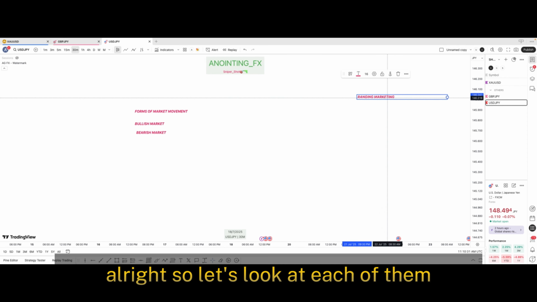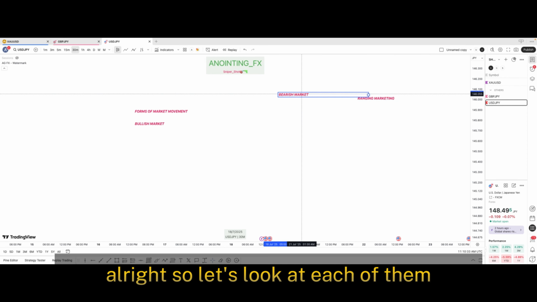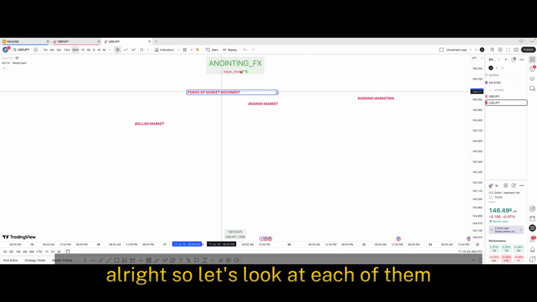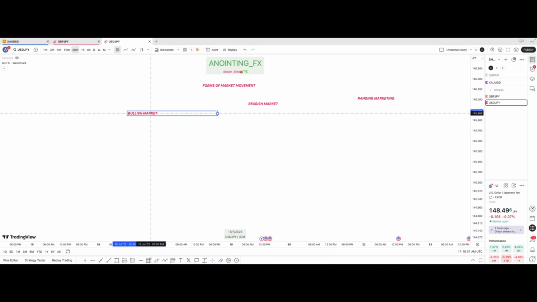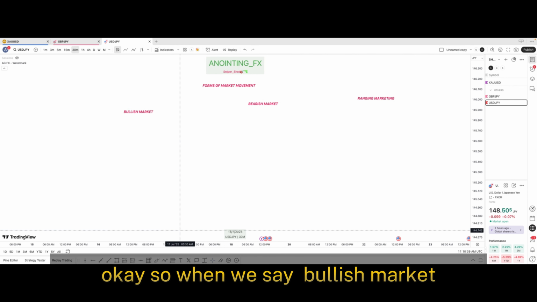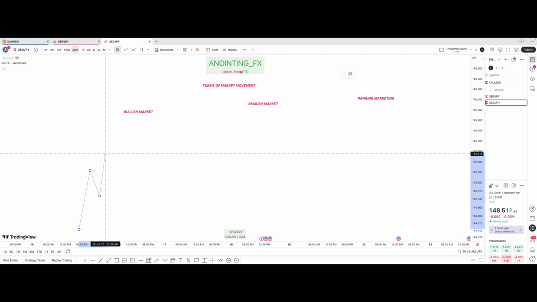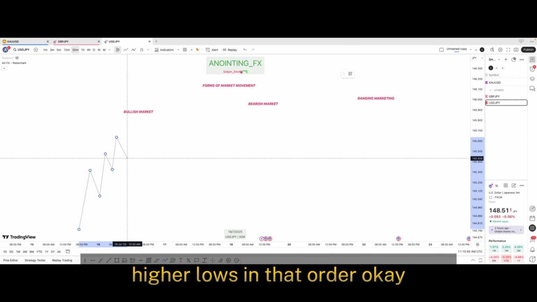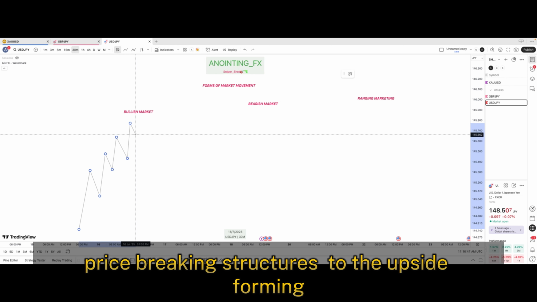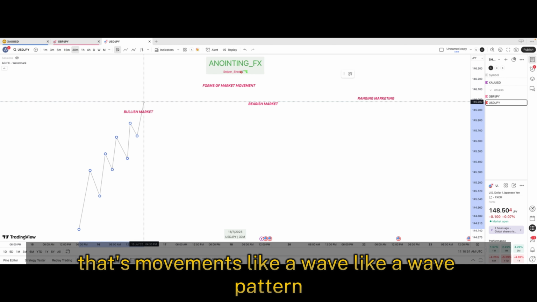Alright, so let's look at each of them. When we say bullish market, we want to see a series of higher highs, higher lows in that order, price breaking structures to the upside, forming that movement like a wave pattern.